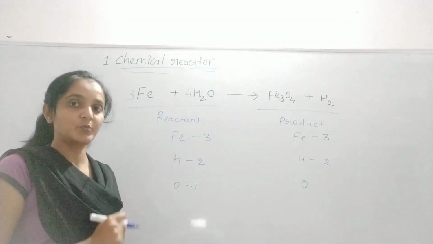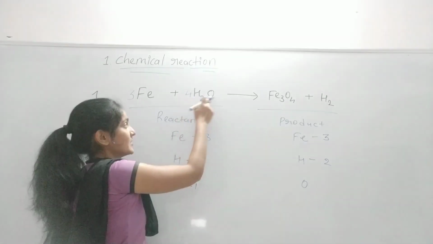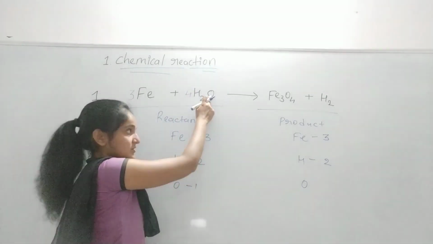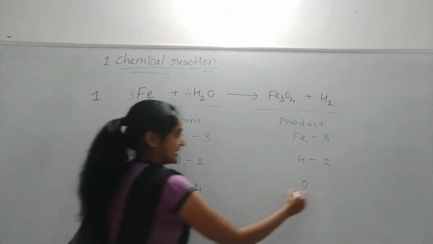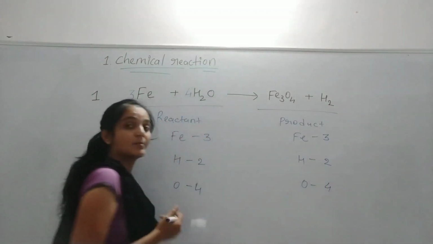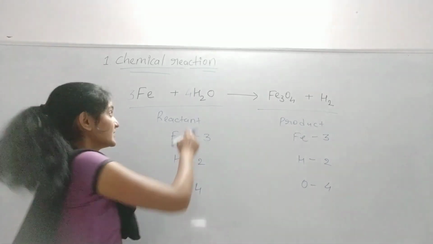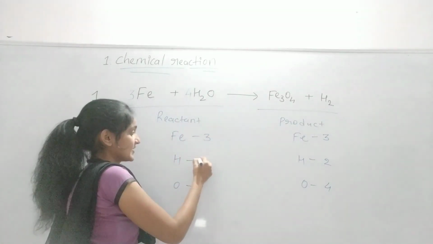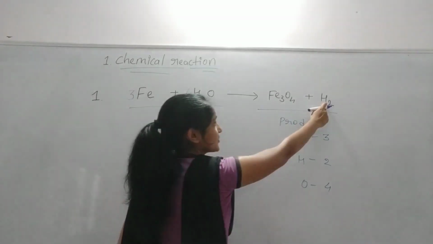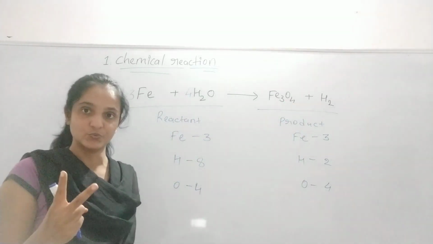So if I put 4 over here, then the number of oxygen atoms is balanced, right? On both sides the number of oxygen atoms becomes 4. But now you can see the number of hydrogen atoms here is 4 2s are 8, while here the number of hydrogen atoms is only 2, right?